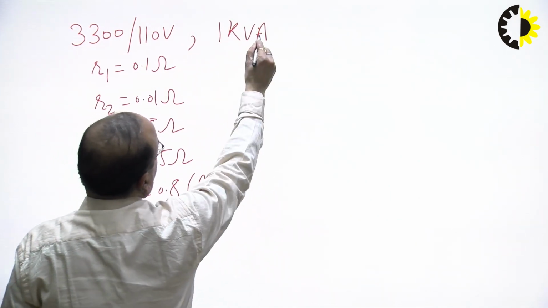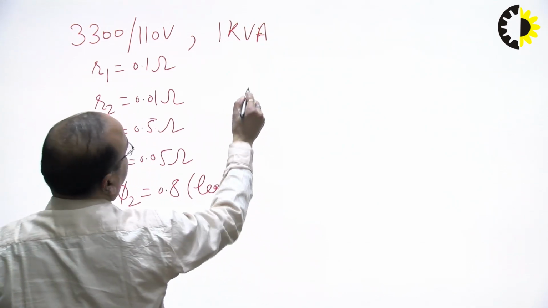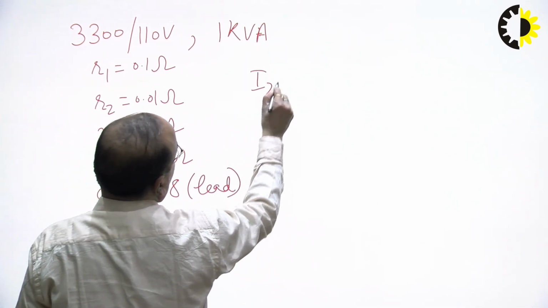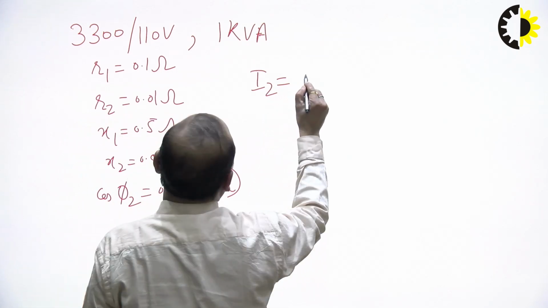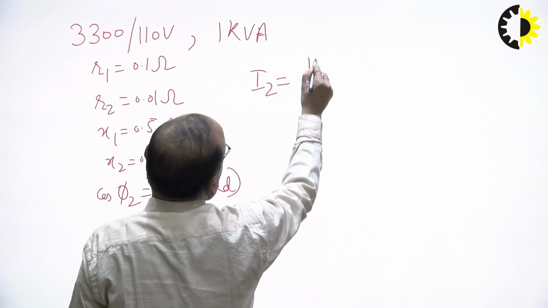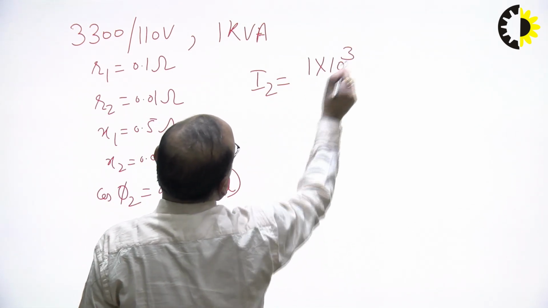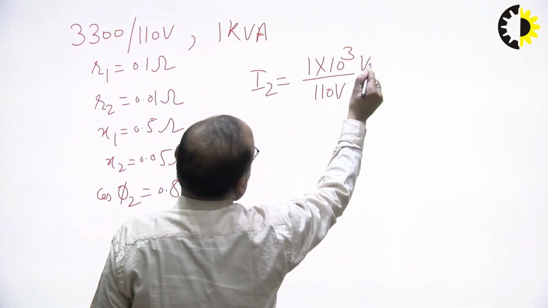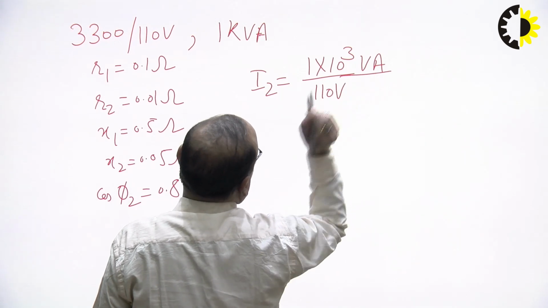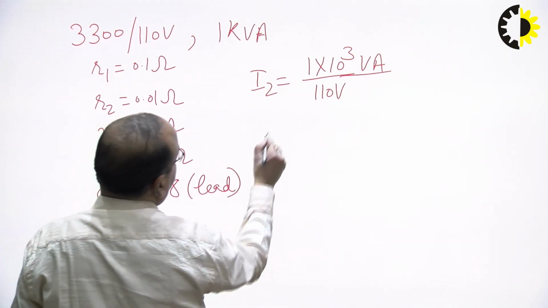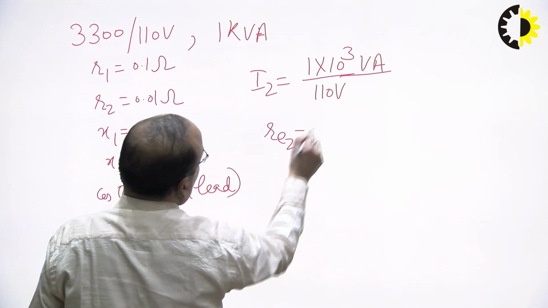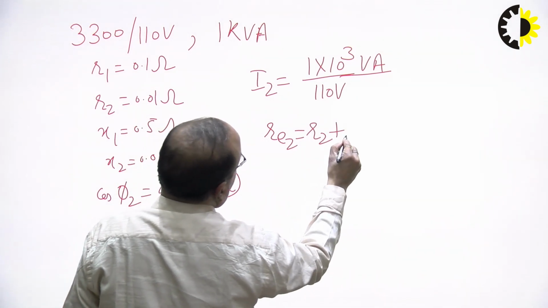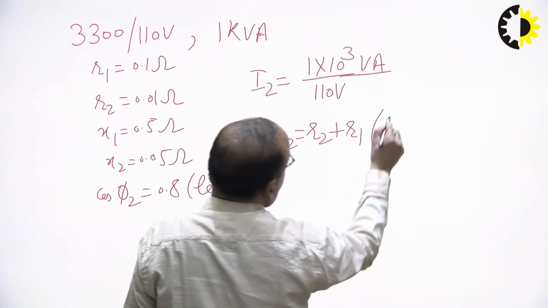Then how can we find the voltage regulation? First, I will find the full load current I2. That will be given by the rating, 1 into 10 raised to power 3 VA, upon voltage 110 volt. Similarly, I will find Re2, which is R2 plus R1 into (N2 upon N1) square.